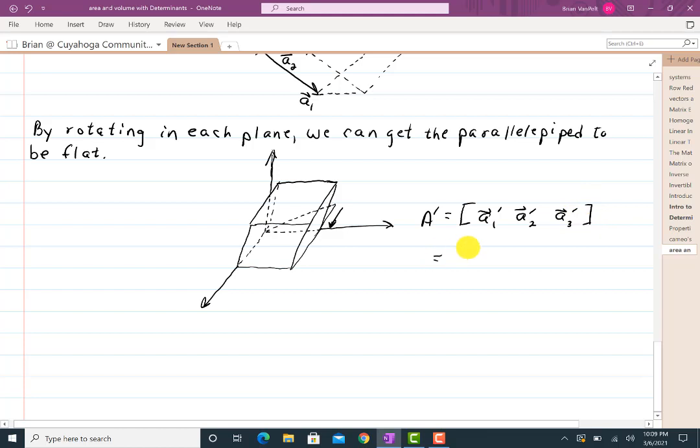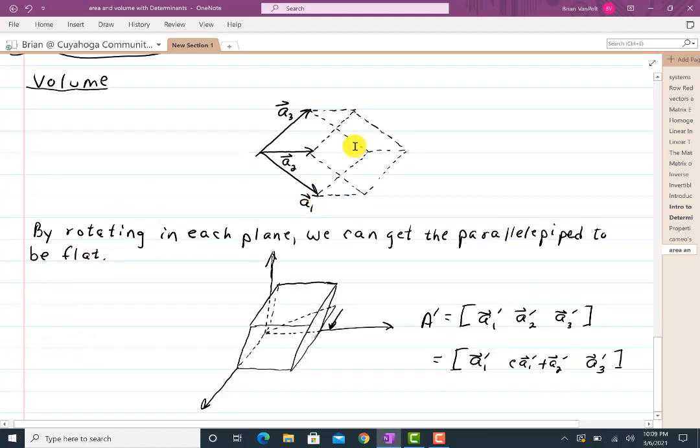And then all I have to do is add a multiple of the first column to the second column. So like CA1 prime plus A2 prime, and then leave the A3 prime alone. And let's go back to what we had.